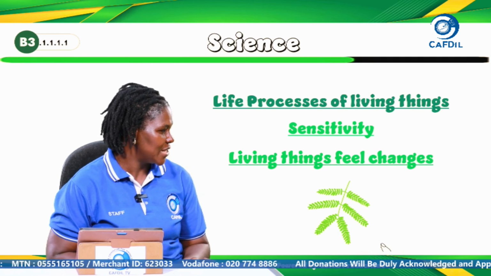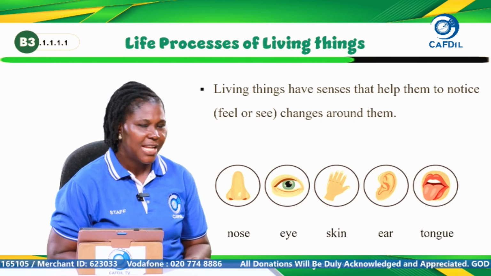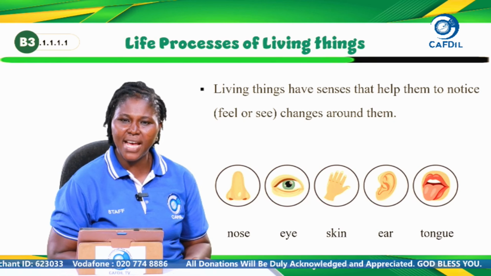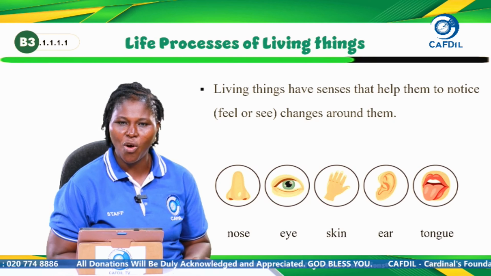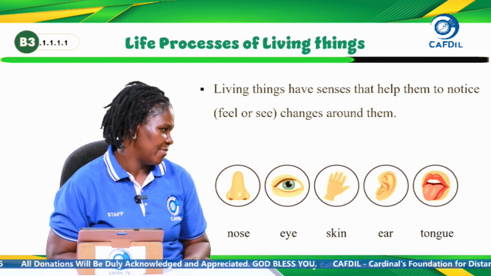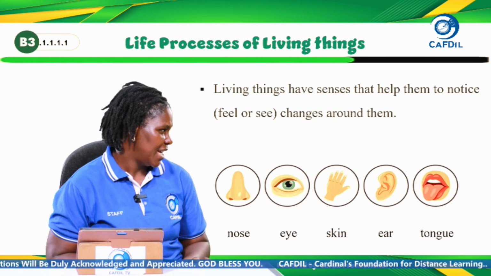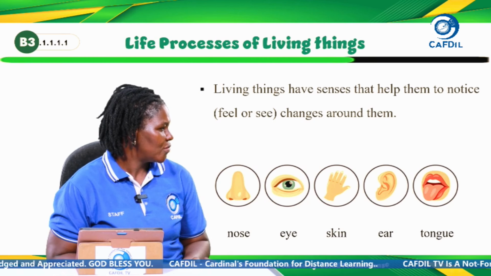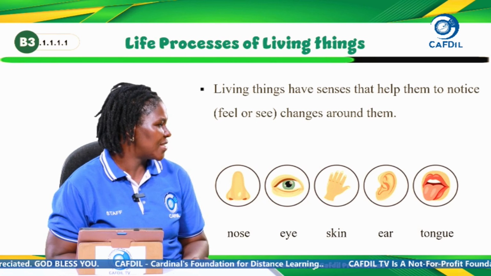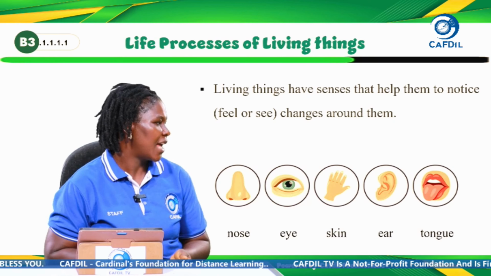Living things have senses that help them to notice or feel or see changes around them. We have senses, and these senses help us to feel or see changes around us.